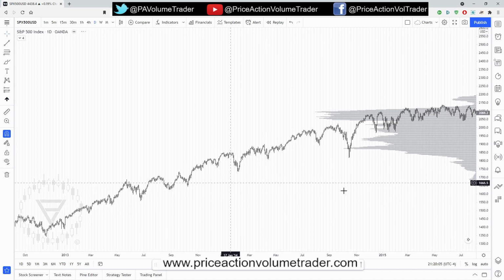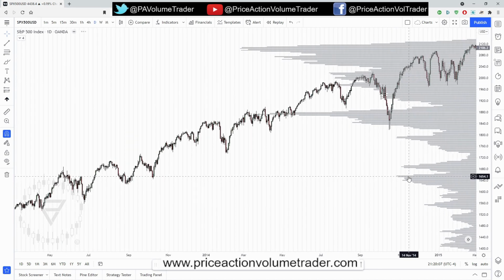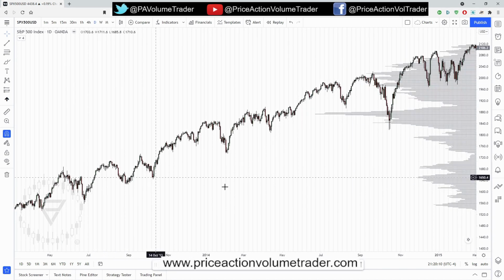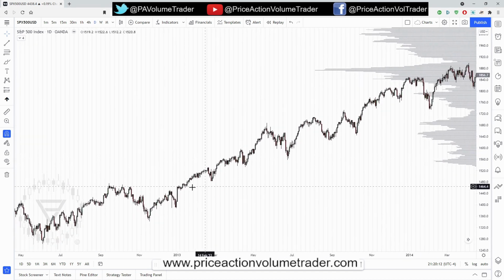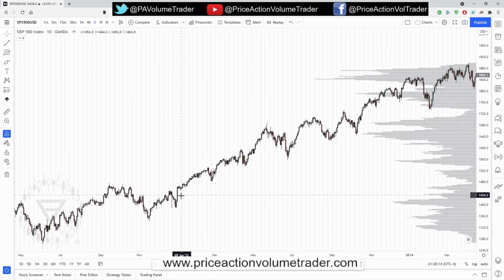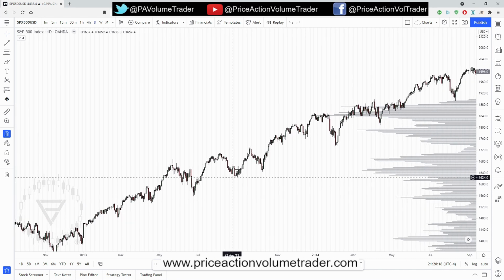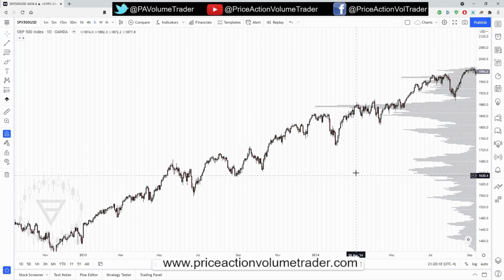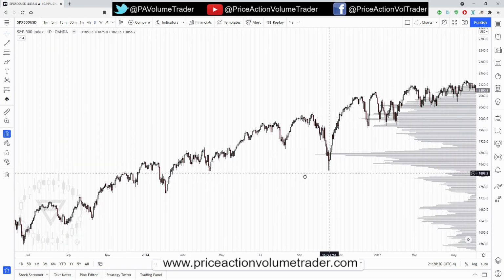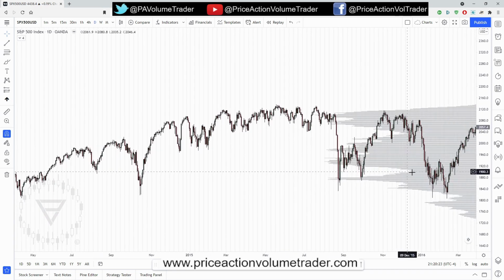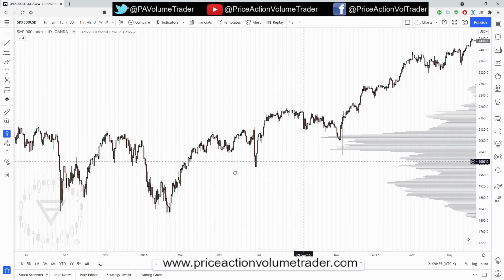If you go back years ago, there's a bunch of gaps and things that have not been filled back here, just breakaway gaps that have happened, etc.